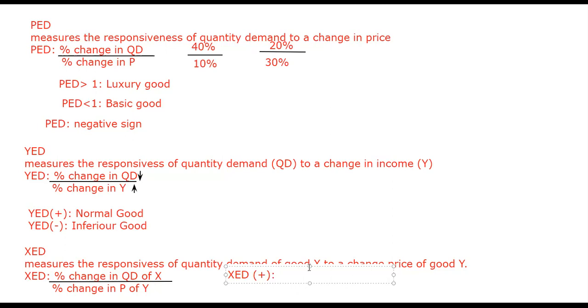If the sign is positive, it means that when the price of good Y increases, it caused the quantity demand of good X to increase.